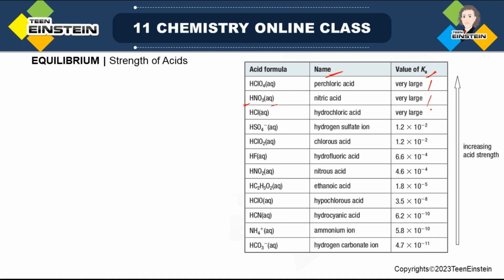Very large is mentioned for these three acids. That means the Ka value is very high. So what does this information mean? It means that these three acids are very strong acids. So when you take them in water medium, that is water as solvent, 100% dissociation will be there.